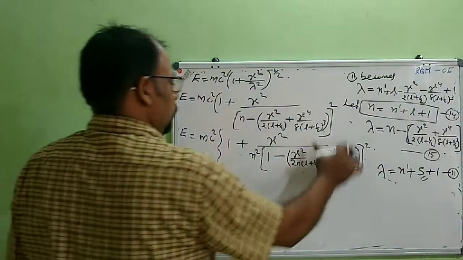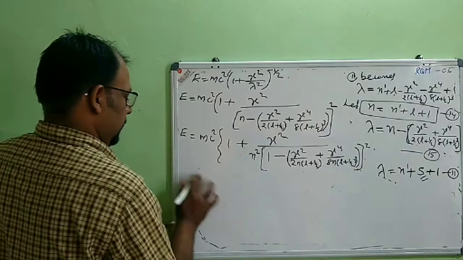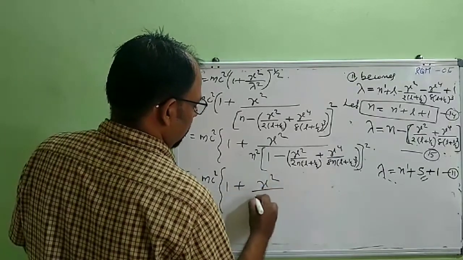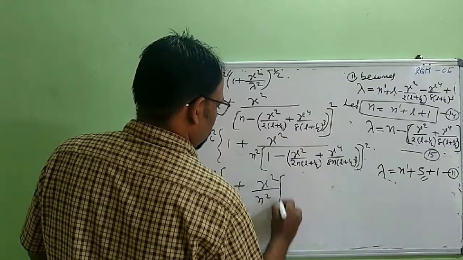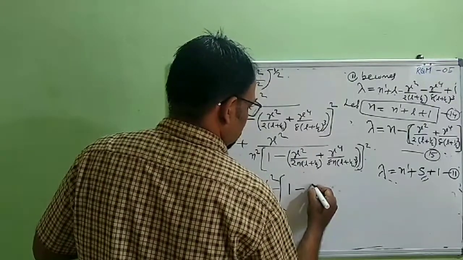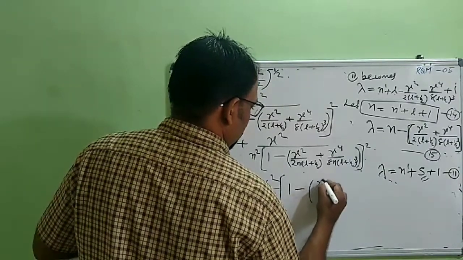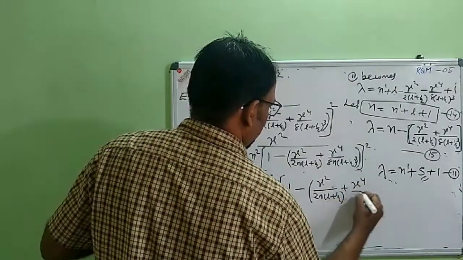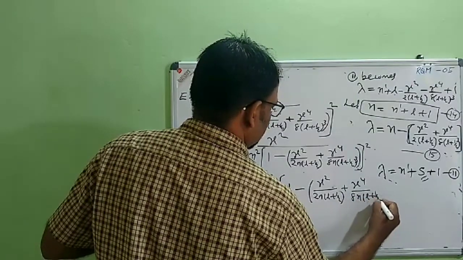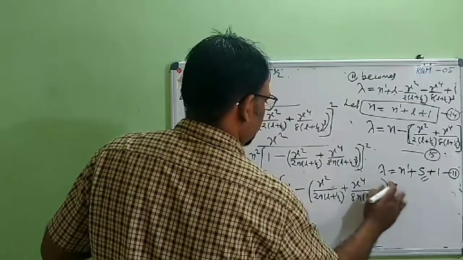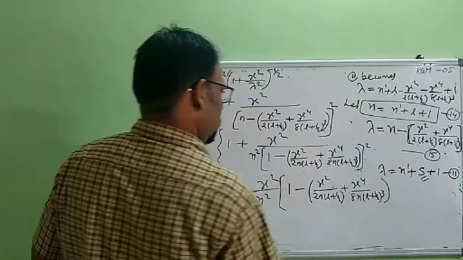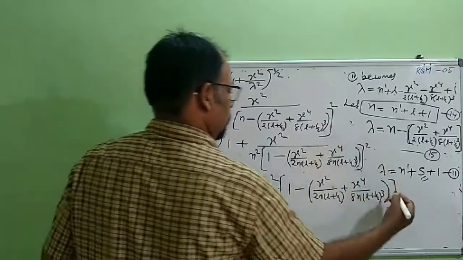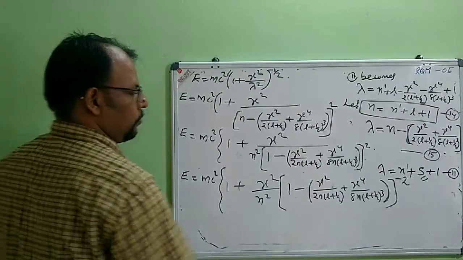Now take this term to the numerator. When I take this term to the numerator, I can write e equal to mc square 1 plus gamma square by n square into 1 minus gamma square by 2n L plus half plus gamma raised to 4 by 8n L plus half the whole cube, the whole raised to minus 2.